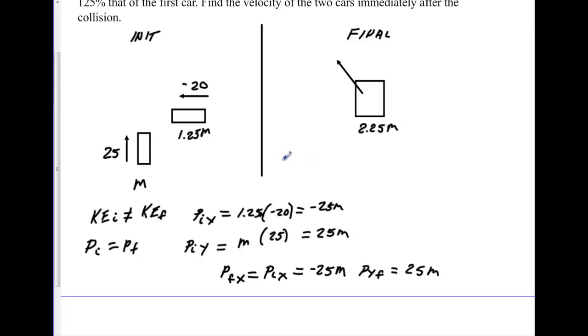So all we have to do in this case is look at the x direction first. 2.25 m times the velocity final in the x direction must equal to what we had before, and we said that was minus 25m. So we know that V final in the x is just going to equal minus 25 divided by 2.25.